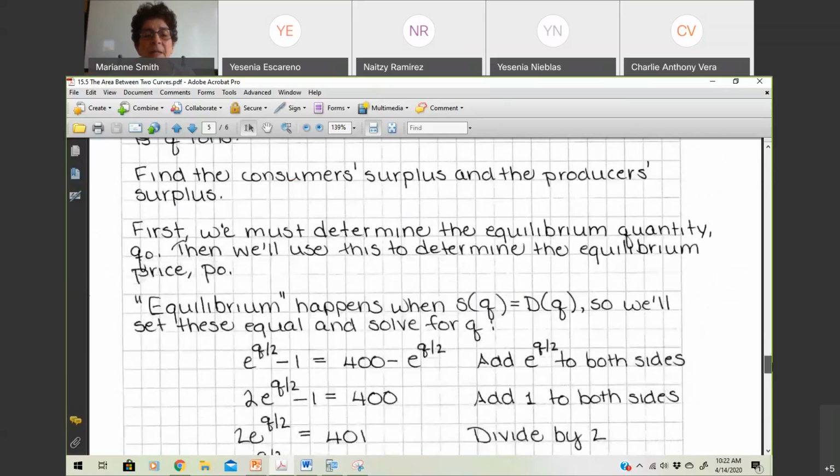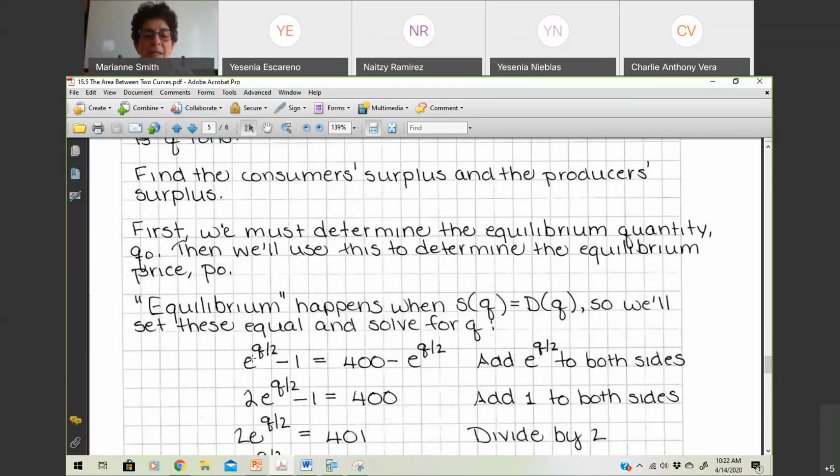So I'm going to do that by setting them equal to each other. Remember, here's the supply curve, here's the demand curve, and now you've got this exponential thing going on. What I'm going to try to do is get all of the expressions with Q on one side and all of the other expressions on the other side. So I'm adding e to the Q over 2 to both sides.